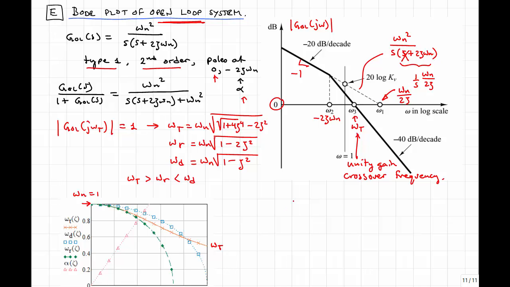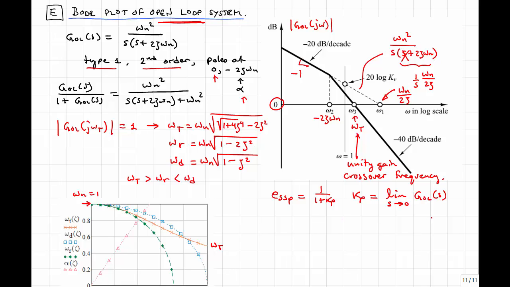Now we can also look at, if you recall, for studying the steady state error of a system, we have the steady state position error. Steady state position error is equal to 1 over 1 plus kp, where kp is the limit as s goes to 0 of the open loop gain.